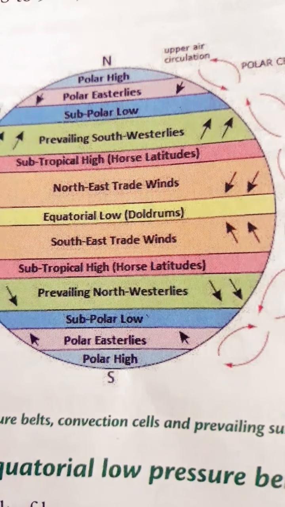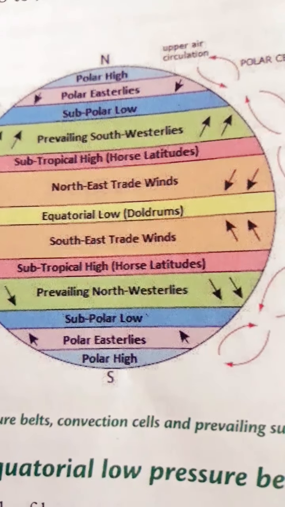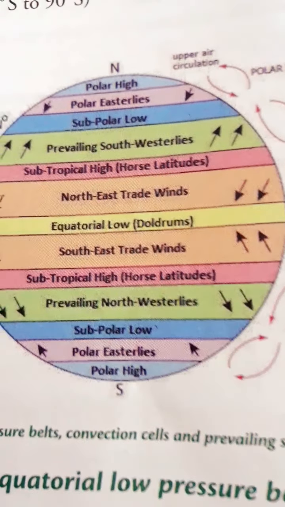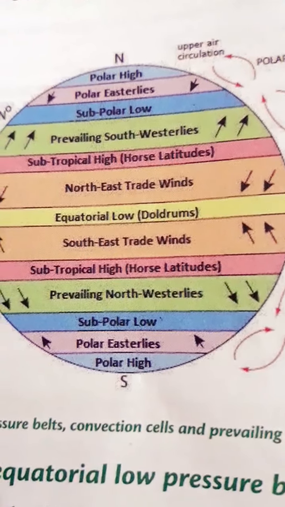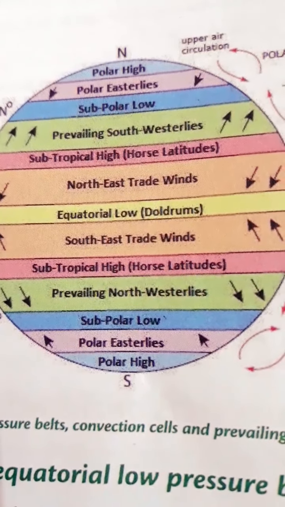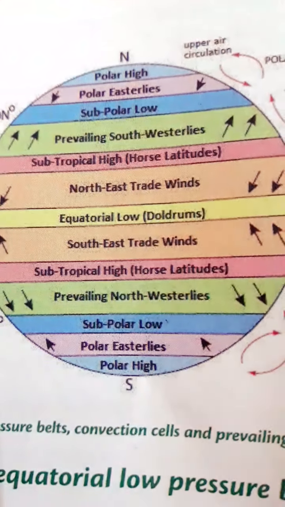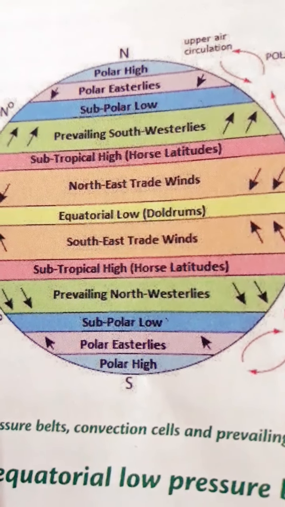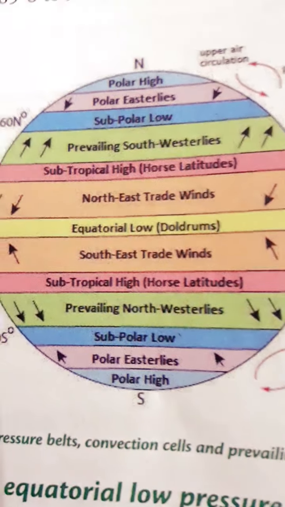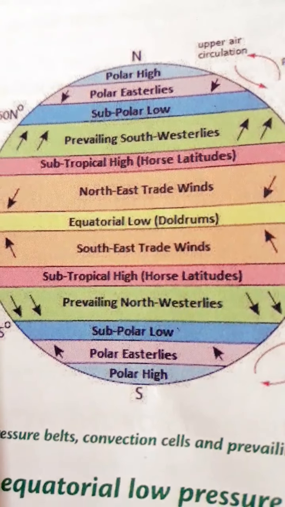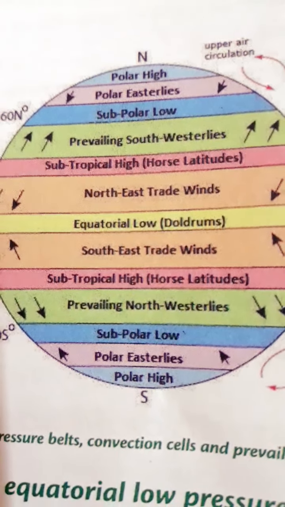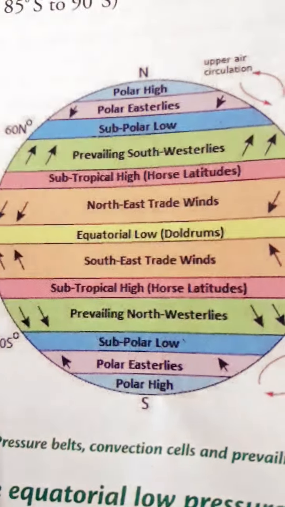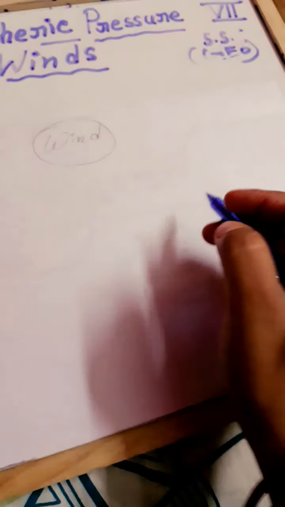Winds are named according to the direction from which they originate. Very important line it is. Look at the board.